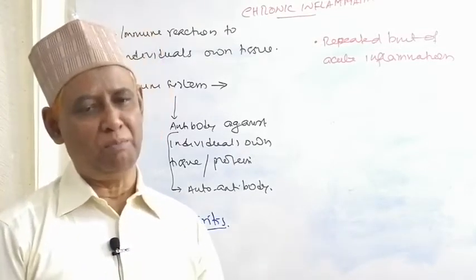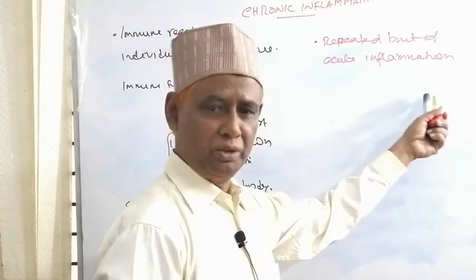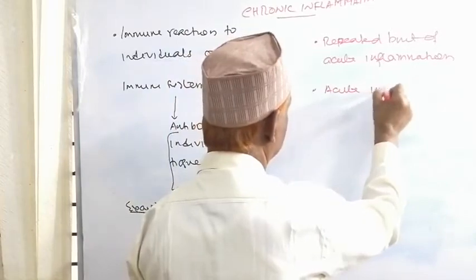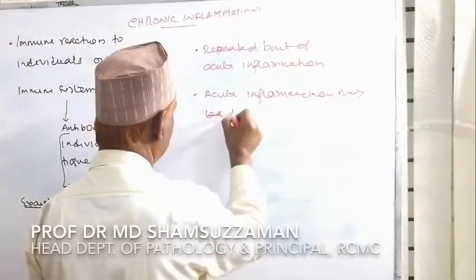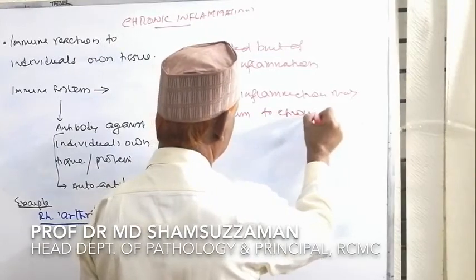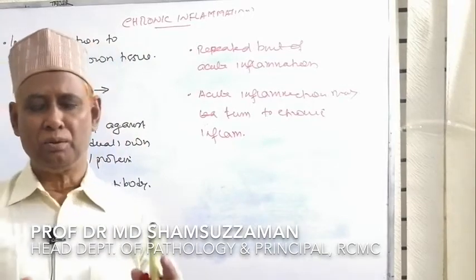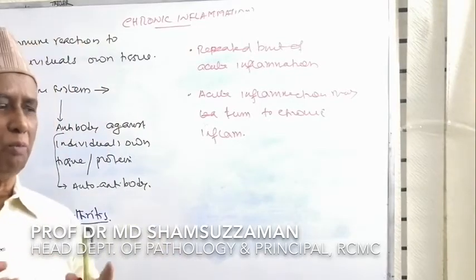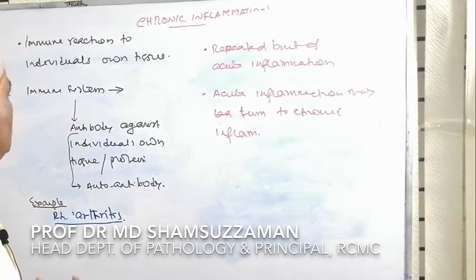The third time or fourth time, the patient may develop chronic inflammation, and this is repeated bout of acute inflammation may lead to chronic inflammation. Dear audience, you know there are some fates or outcomes of acute inflammation. One outcome of acute inflammation is that it may turn to chronic inflammation. So these are the different causes of chronic inflammation.